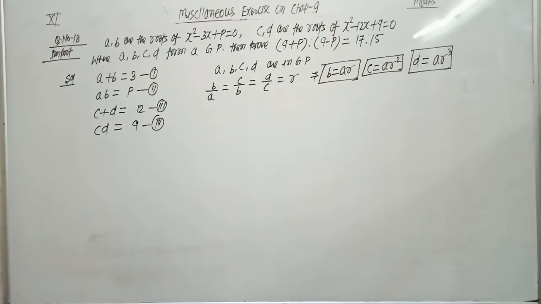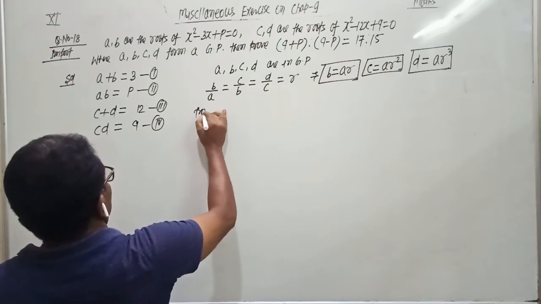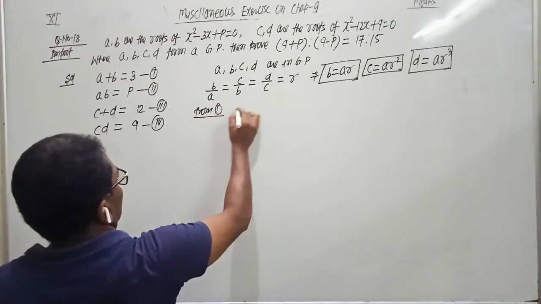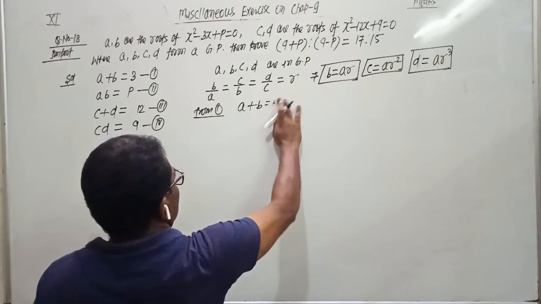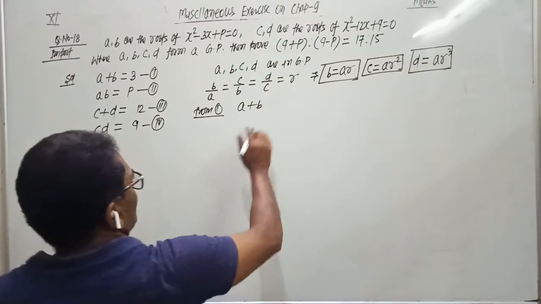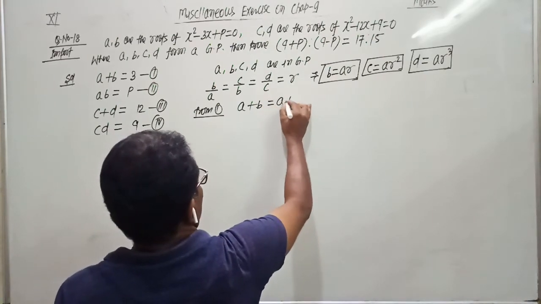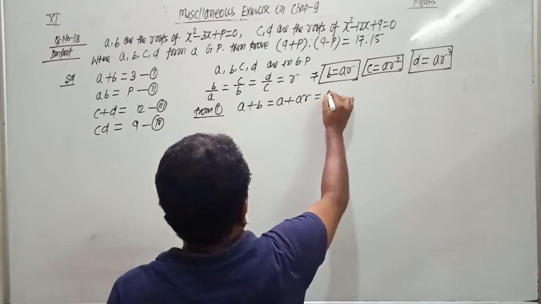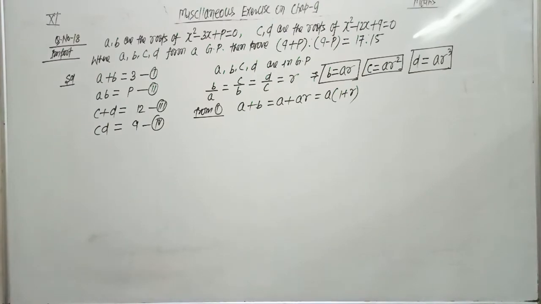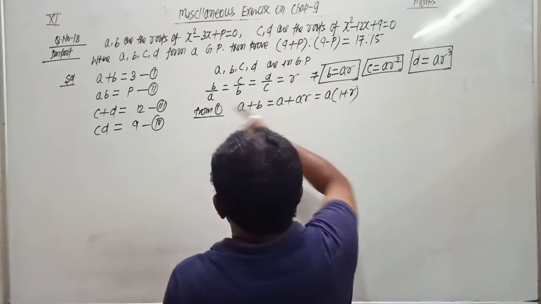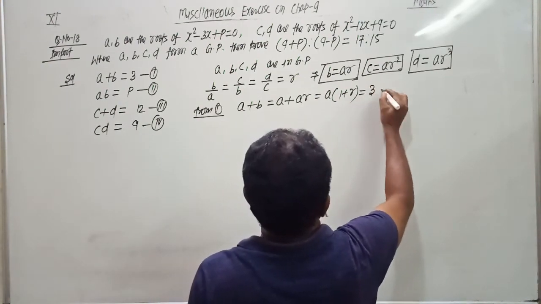Now A plus B, from first equation, A plus B equals to 3. So A as it is and the value of B is written AR. So the value of A plus B comes to be A plus AR, and taking A as common, we get 1 plus R, and this is equals to 3.